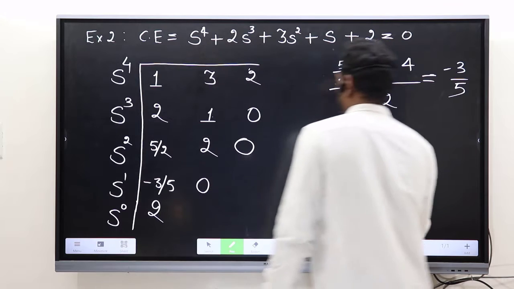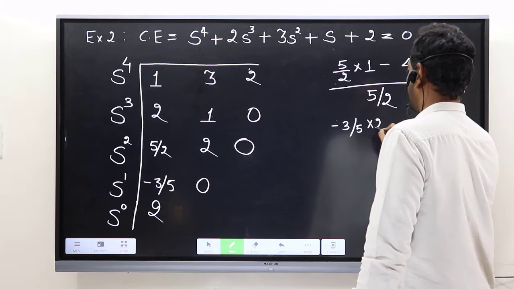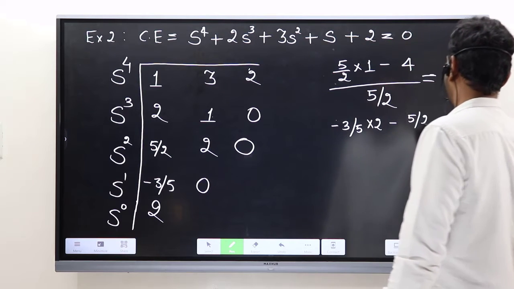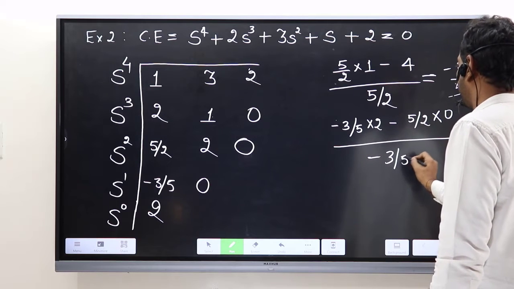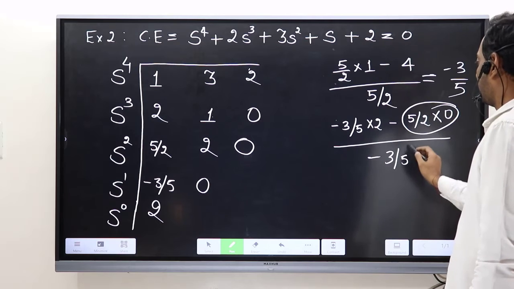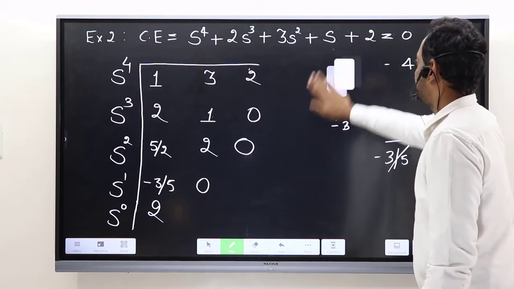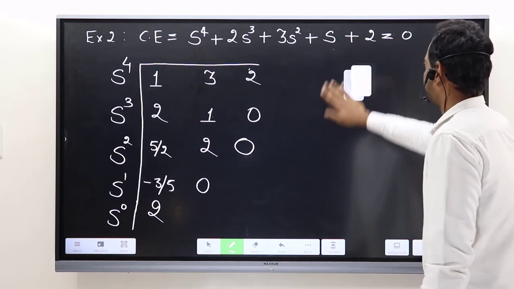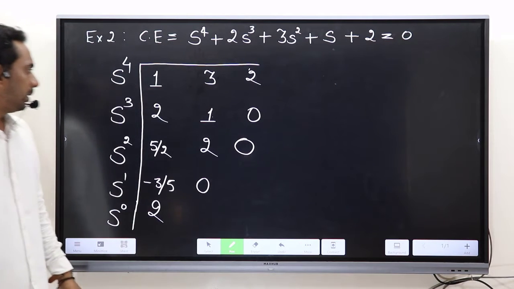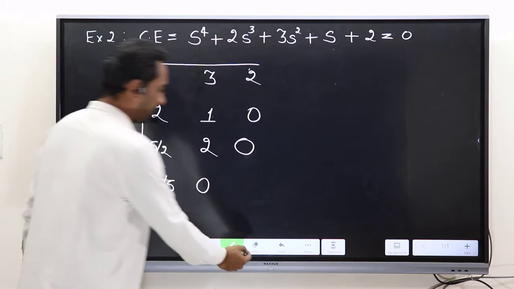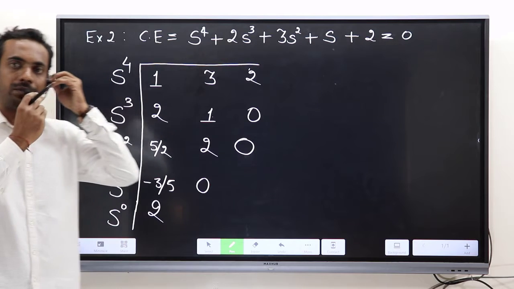If you want, you can just solve this: minus 3 by 5 into 2 minus 5 by 2 into 0 upon minus 3 by 5. This becomes 0. So minus 3 by 5 cancels with minus 3 by 5, and 2 remains. So it will be 2 only. Please write down this table. Now we are done with this table.